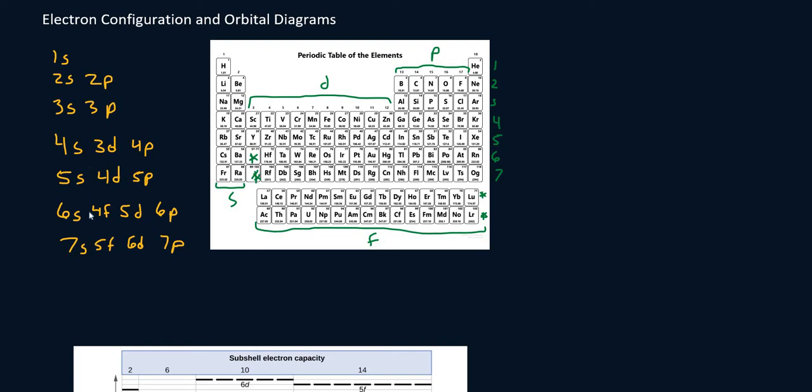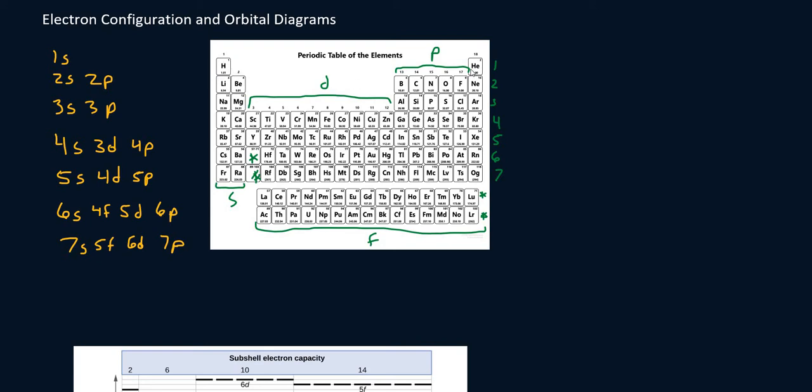And this sort of tree that I've drawn over here represents how you fill up electrons. So electron configuration helps you to visualize how electrons are filled up in an atom's shells. So you start with the 1s, which is right here.